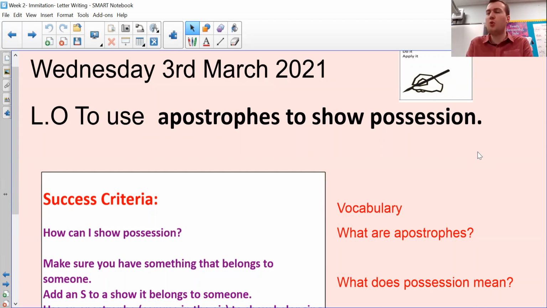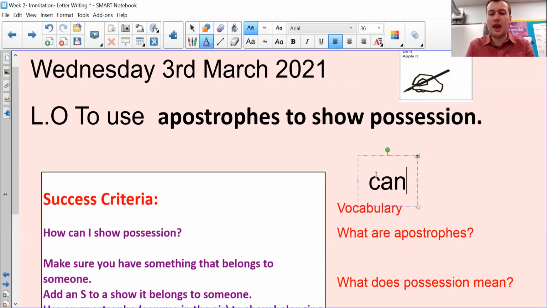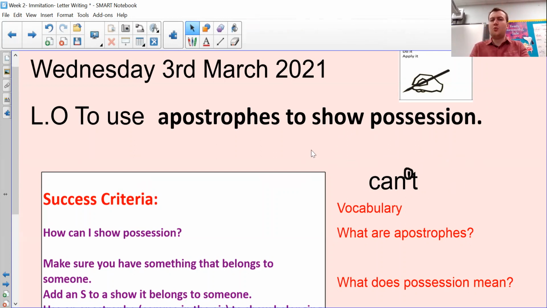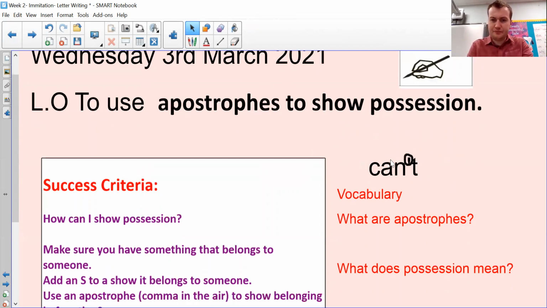For example, the word can't is C-A-N apostrophe T. So that is an apostrophe, the little line above. But this isn't for possession, this is just for contraction. So we're using that apostrophe, but for a different purpose today.